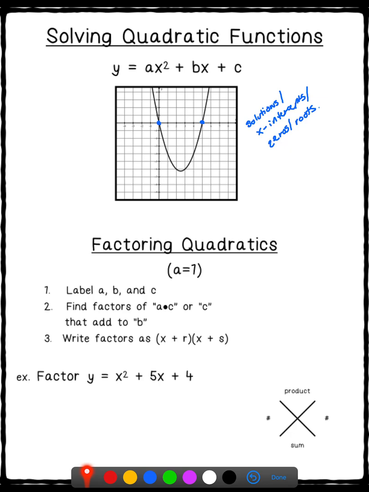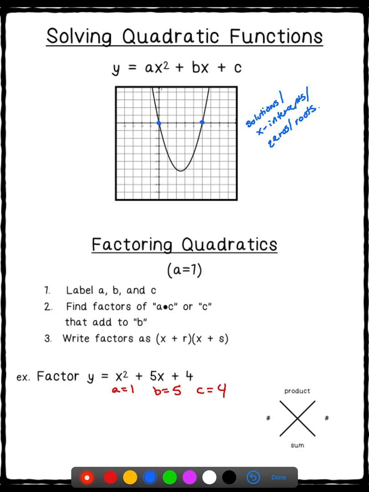We're given that y is equal to x squared plus 5x plus 4. So when we look at this, we can label our a is 1, our b is 5, and our c is 4. Now we're going to use this chart over here to keep up with everything.